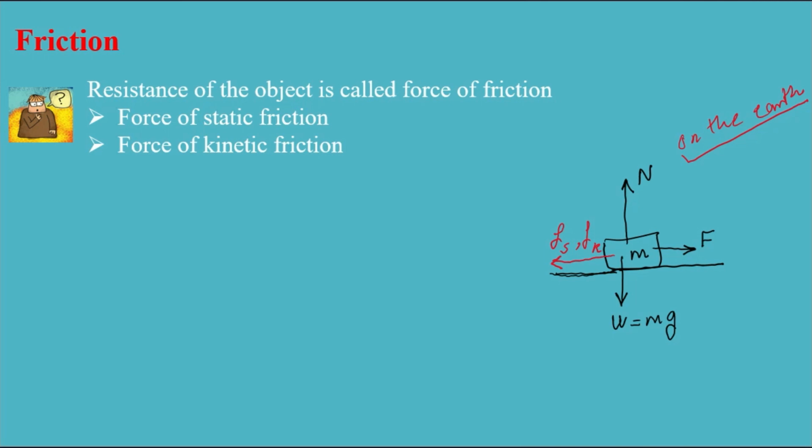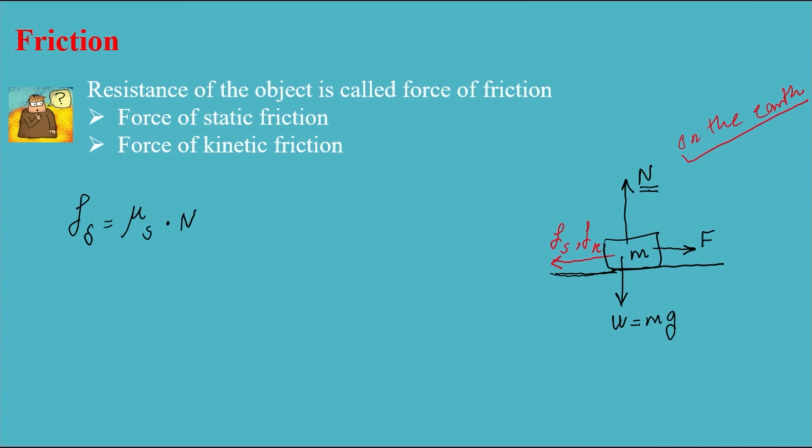Now let me talk about the force of static friction. Let's say I apply a force, but this box never moves. That force that doesn't allow me to move the box is called the force of static friction. So this is Fs, and it's going to be equal to mu s times N. N is the normal force. It's the same force as we consider here.